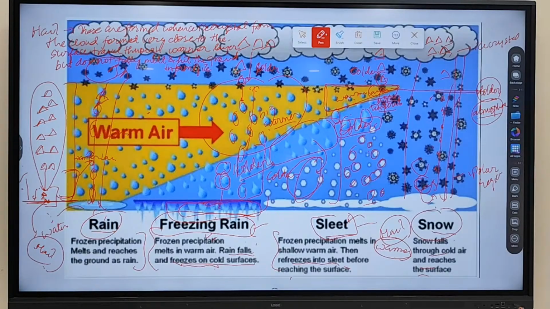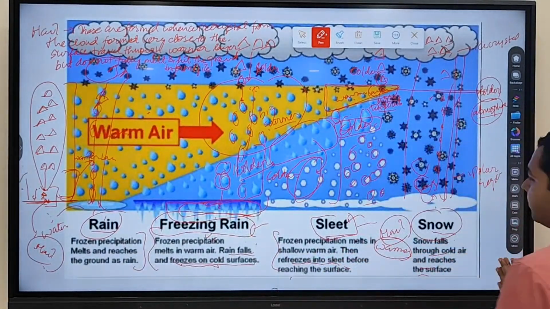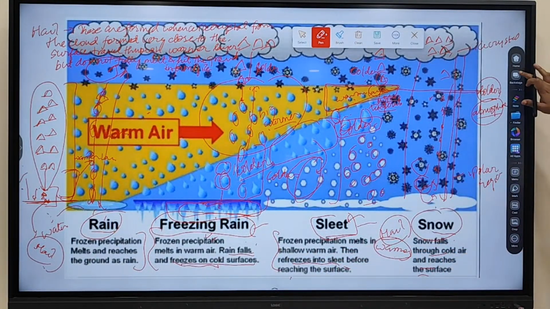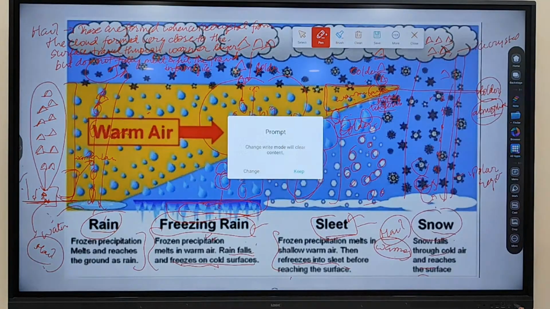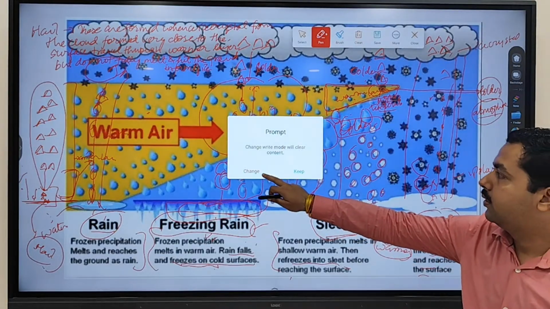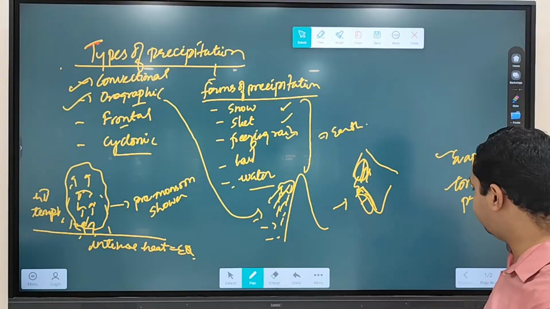Over. So now we are moving towards the terms thunderstorm as well as lightning.